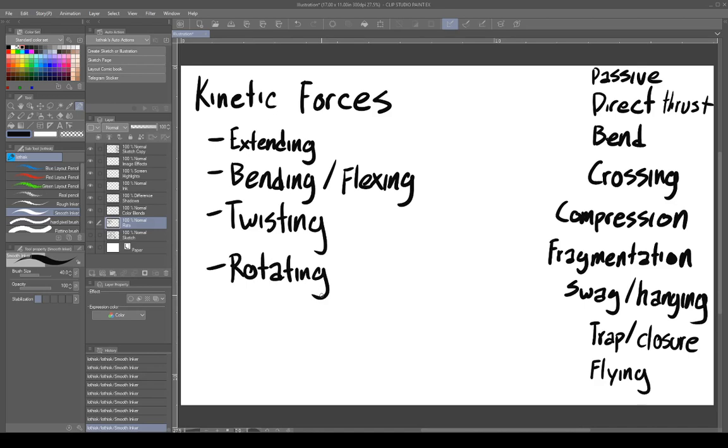Extending is whenever you're pushing a body part out and away from you, you're extending muscles. Like if you reach your arms out in front of you or out to the side of you, you're extending muscles. Whereas bending and flexing is bringing them back in.